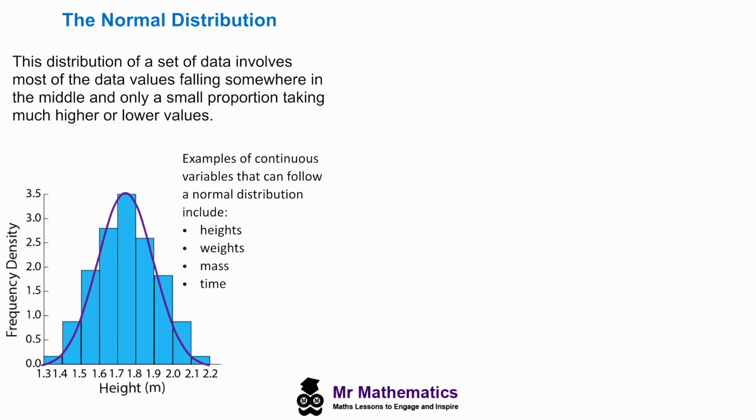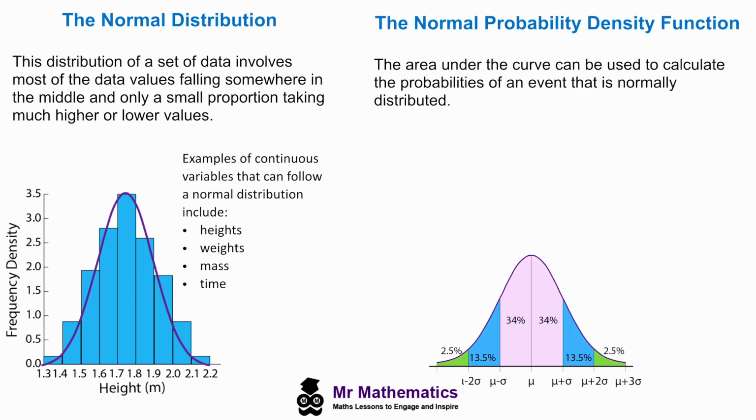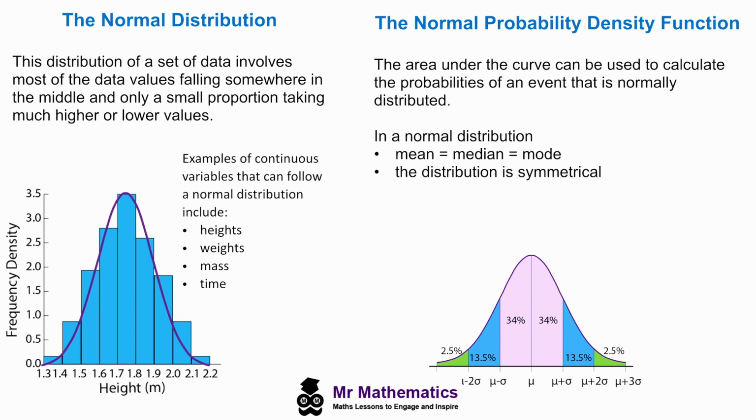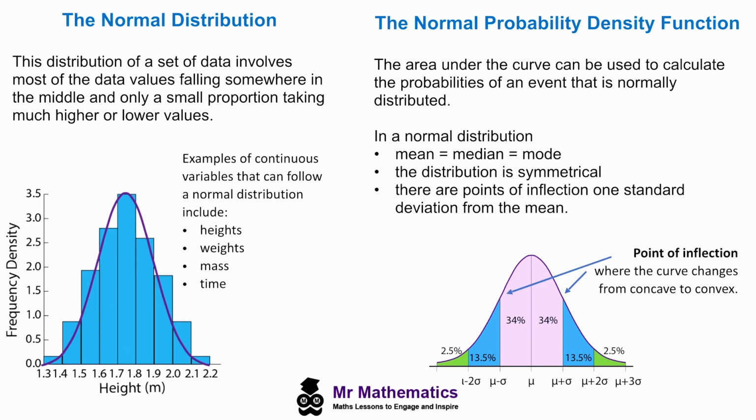So when a set of data is distributed normally, we have the normal probability density function. And the area under the curve can be used to calculate the probabilities of an event that is normally distributed, where in a normal distribution, the mean is equal to the median is equal to the mode, the distribution is symmetrical, and there are points of inflection one standard deviation from the mean.